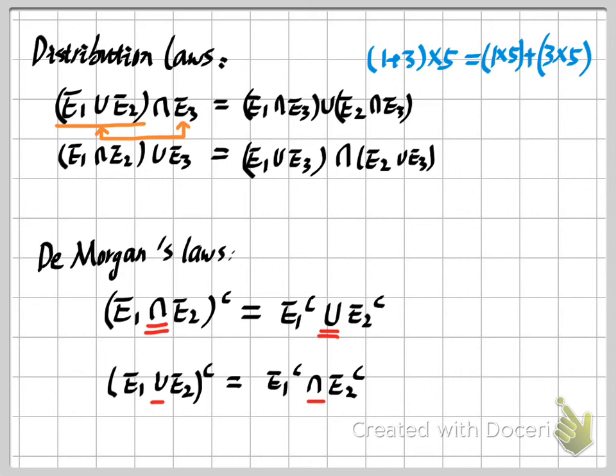So you should know that in De Morgan's law, you can think of it as changing the union symbol to the upside-down one, or changing the upside-down one to the classical union symbol. Just remember this when you do questions. Also, as an exercise, you can use the Venn diagram picture to help you explain why the left-hand side is equal to the right-hand side for our distribution laws and De Morgan's laws.